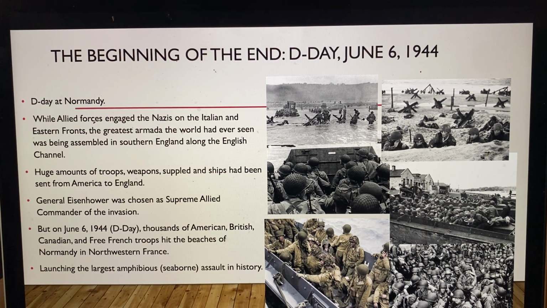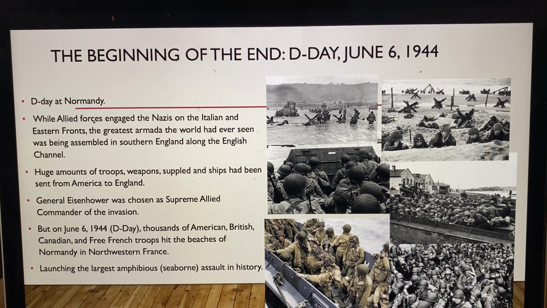Huge amounts of troops came in, and lots of weapons were supplied, and the ships had been sent from America to England. General Eisenhower was chosen as the supreme Allied commander of this magnificent day, D-Day, this invasion.